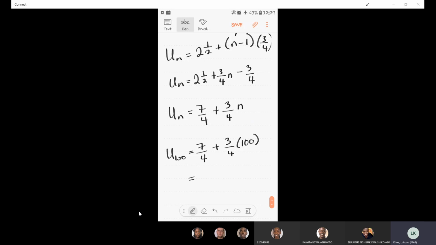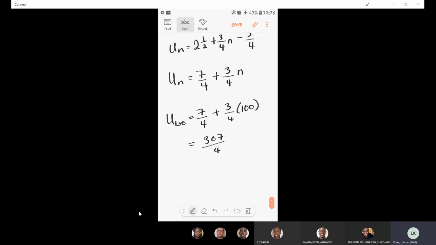And again, just on your calculator. Here you should get 307 over 4. You can also write this as a decimal. This is 76.75. That is the 100th term.